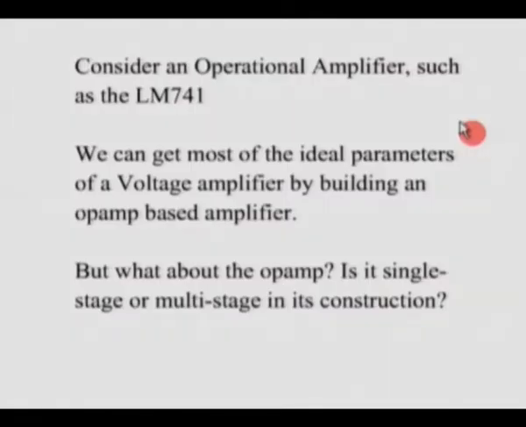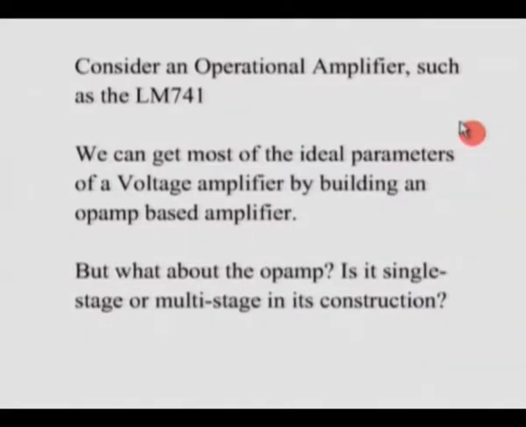Now once again let us take another block, and consider the 741 operational amplifier. We know that you can build circuits around the 741 op amp, a voltage amplifier which is almost ideal.